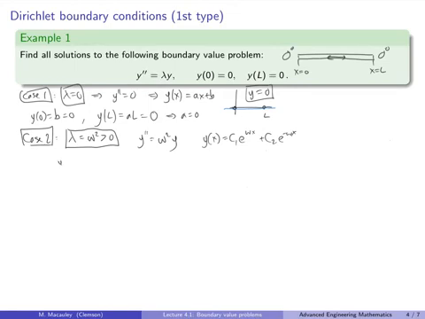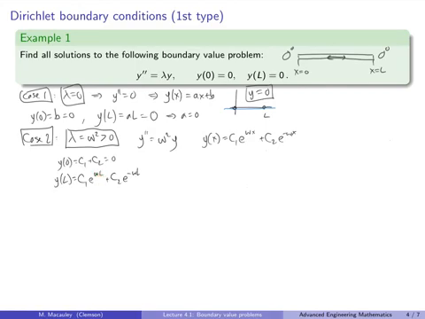So now if we plug in y of 0, we get c1 plus c2 equals 0. And if we plug L in here, y of L equals c1 e to the omega L plus c2 e to the negative omega L. And omega L is just some positive number.